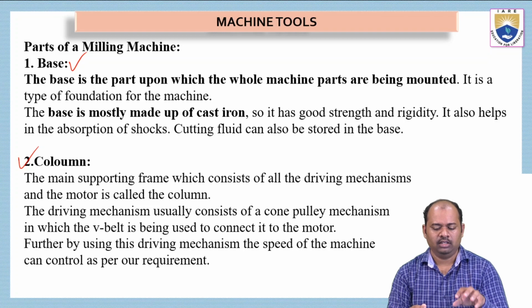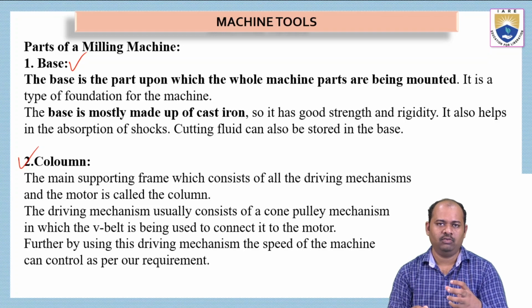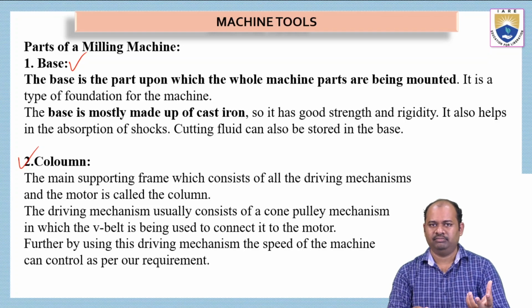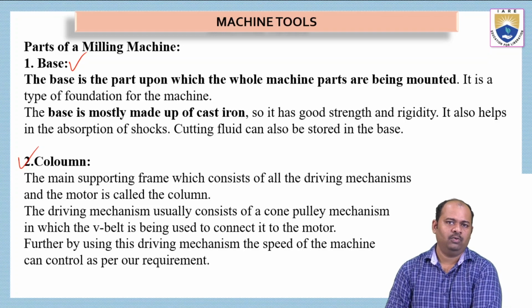Similarly, in the milling machine, we can change the speed of the tool which is rotating. We have a pulley arrangement connected to the motor with the help of V belts. We can change the speed, as we don't require the same speed for all kinds of workpieces.